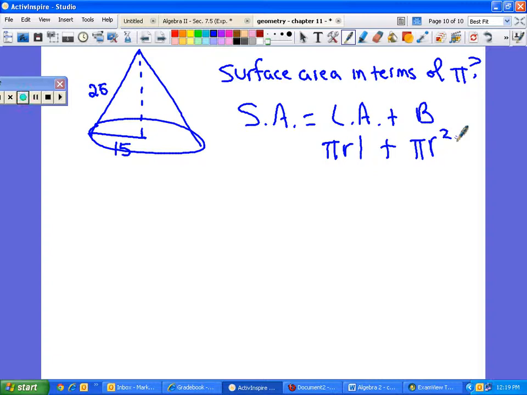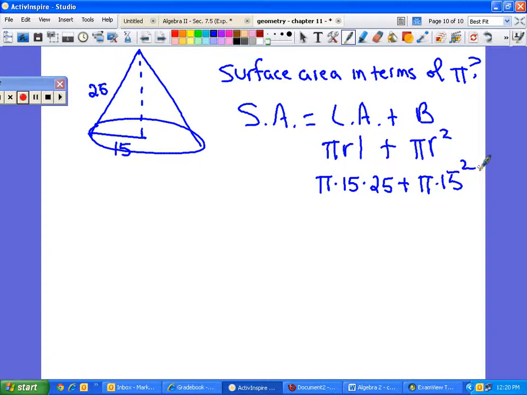So, what is the radius? 15. So I have pi times 15. What's the slant height? 25. And then pi times the radius, 15 squared. Now all I have to do is plug those numbers into my calculator.